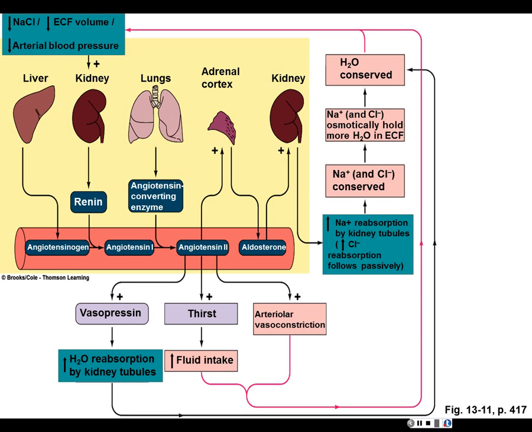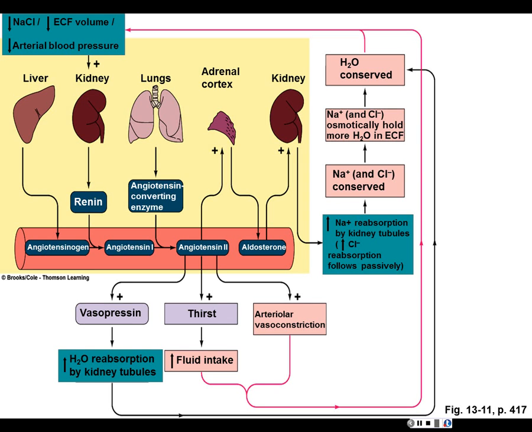It can trigger the cortex to release aldosterone. It also targets the posterior pituitary to release what is called antidiuretic hormone, ADH. So it targets the cortex to release aldosterone, and targets the pituitary to release antidiuretic hormone.